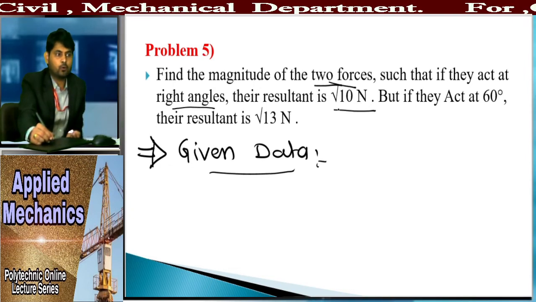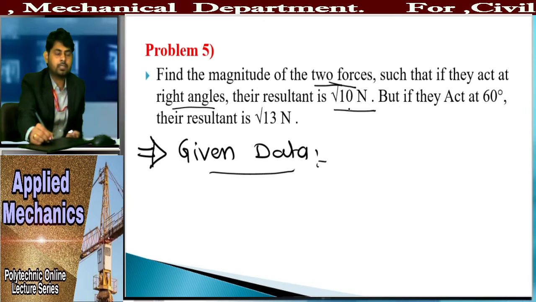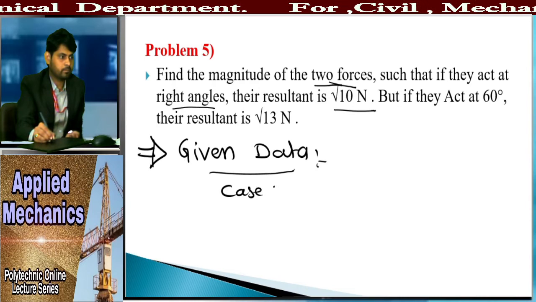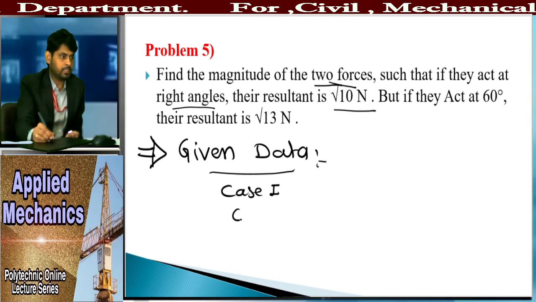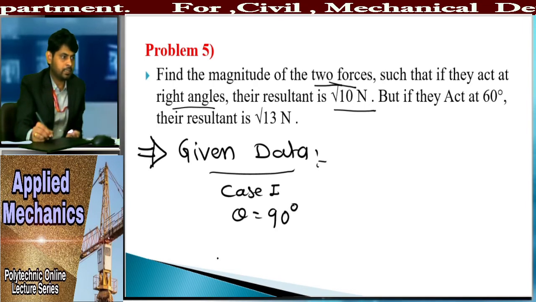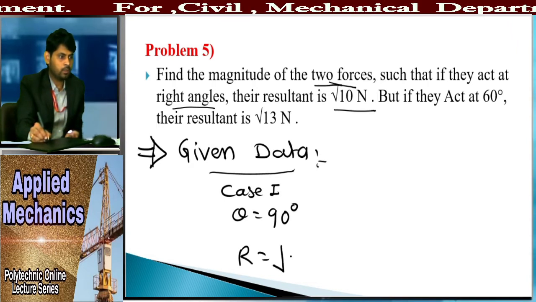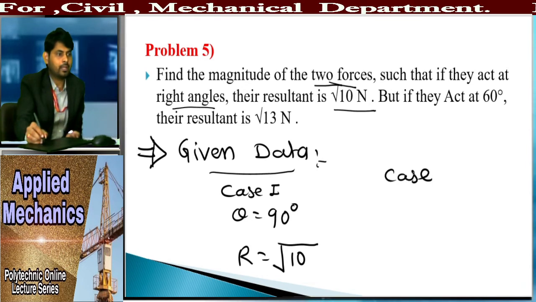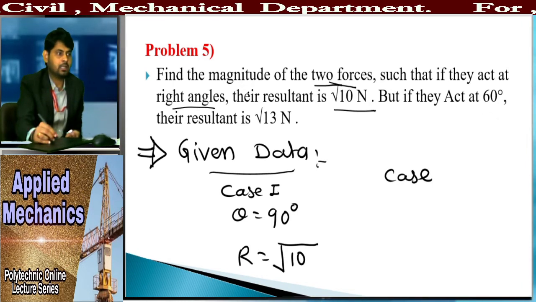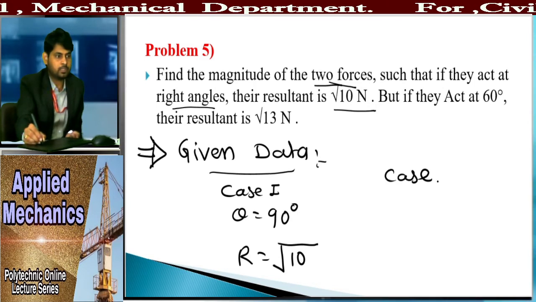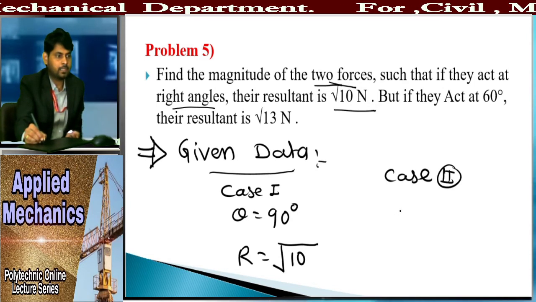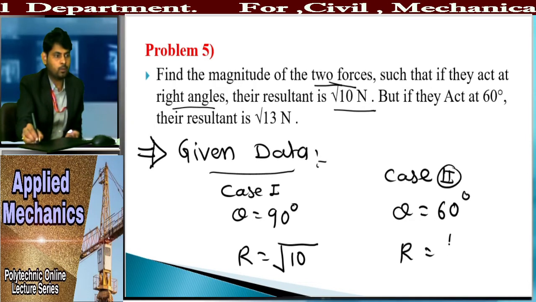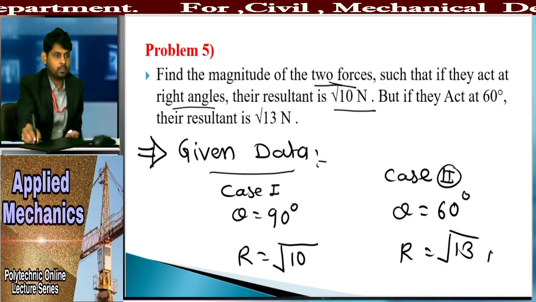So when the forces are at right angle, the resultant is under root 10. So here case 1: if theta is equal to 90 degree, then resultant is under root 10, right? And case 2: if they act at 60 degree, their resultant is under root 13. So in case 2, if theta is 60 degree, then resultant is under root 13 Newton.